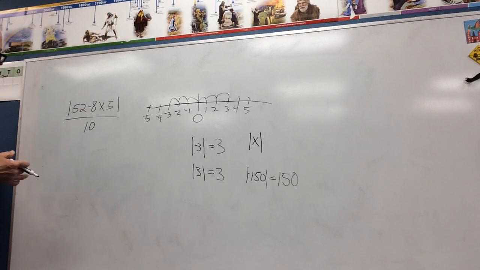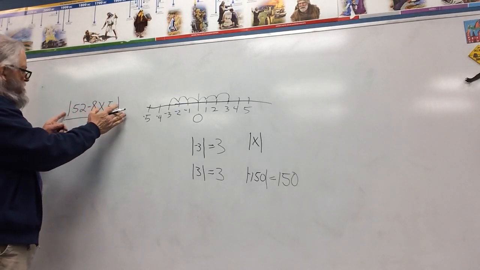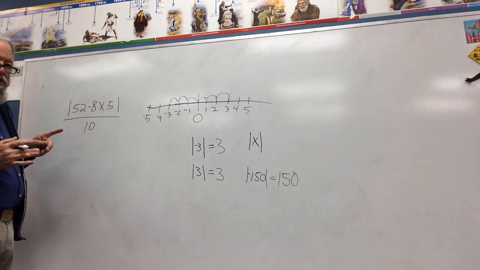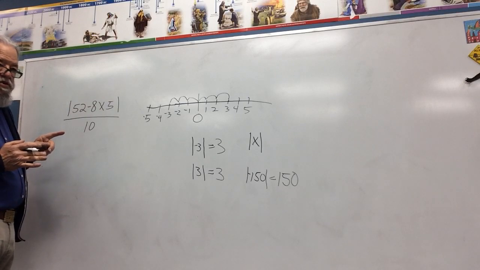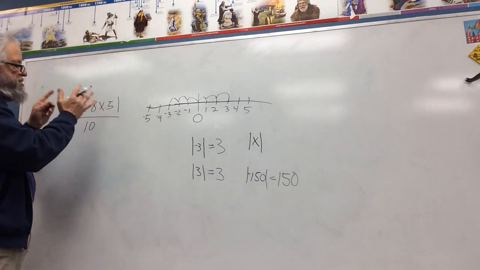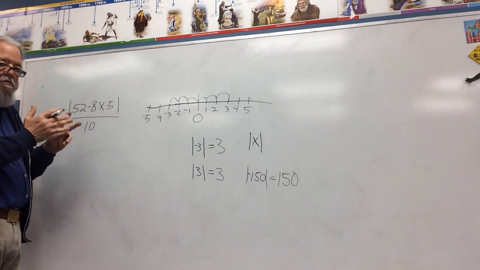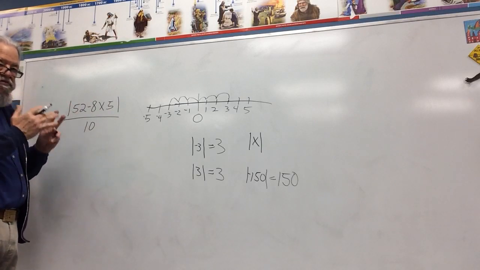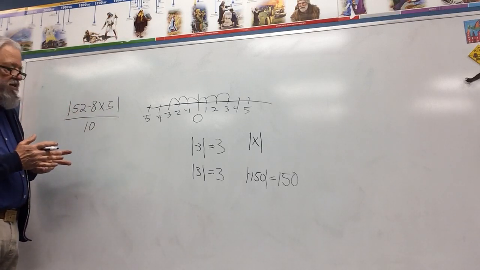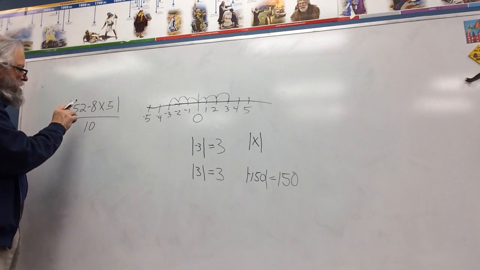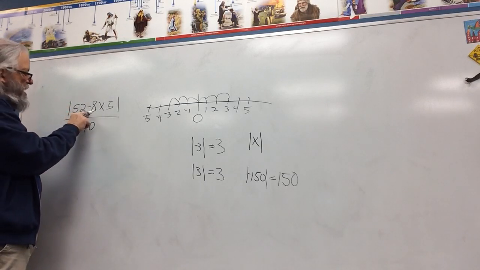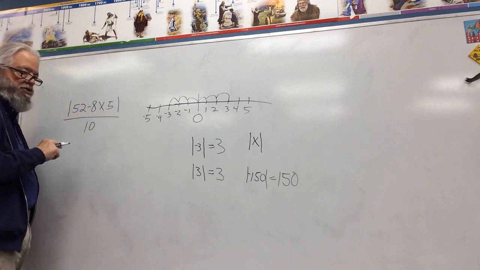Okay? And we treat this kind of like parentheses. So we have to do what's inside the absolute value sign first. Okay? And so now, again, we've got a subtraction here and a multiplication.